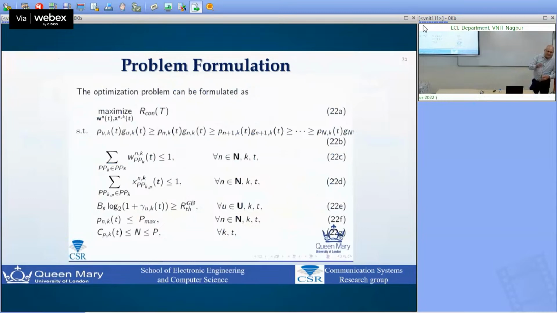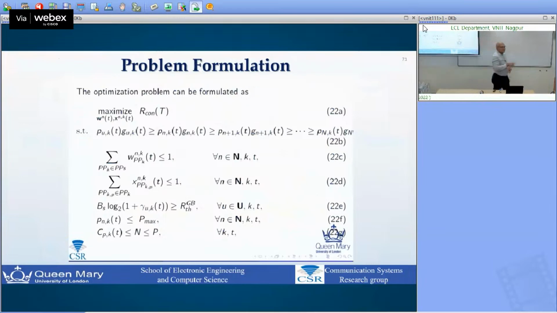Now for grant-free users. So this one calculates how much power could be used by the grant-free users, because this one has to meet this threshold. To meet this threshold, it must have a certain signal to interference plus noise ratio. Say this is the threshold here. Based on this threshold, you can calculate what this value is. If you know this value, then you know the signal to interference plus noise ratio.